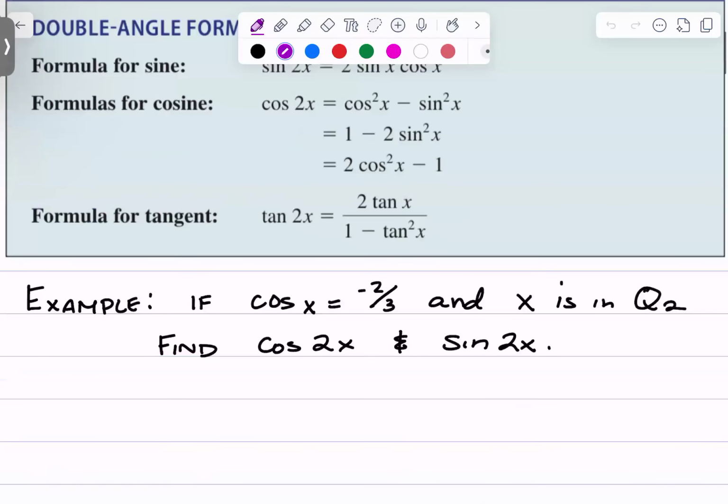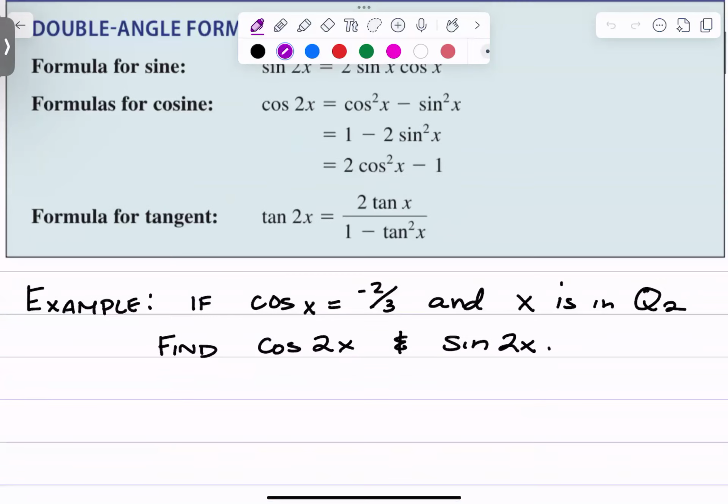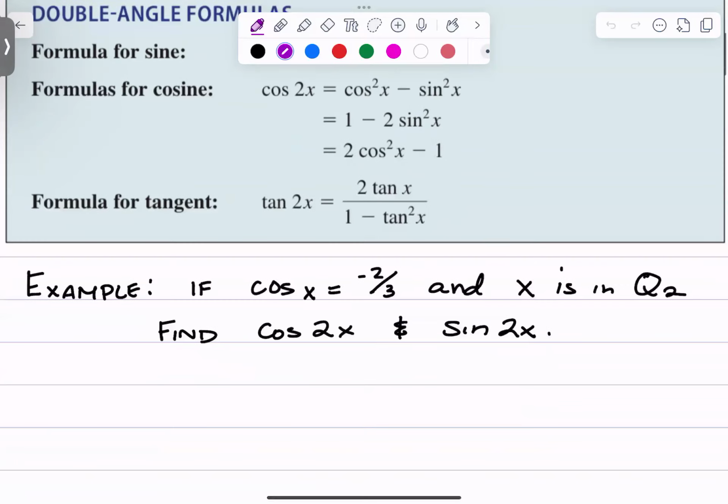All right, so example number 1: if cosine of x equals negative 2/3 and x is in the second quadrant, find cosine of 2x and sine of 2x.